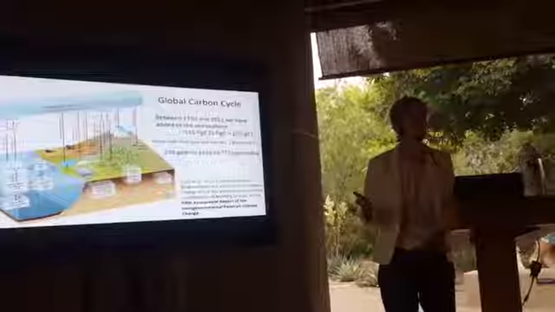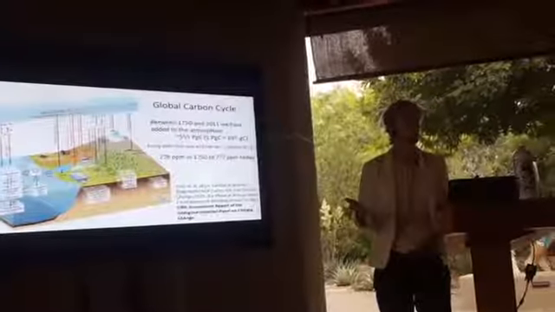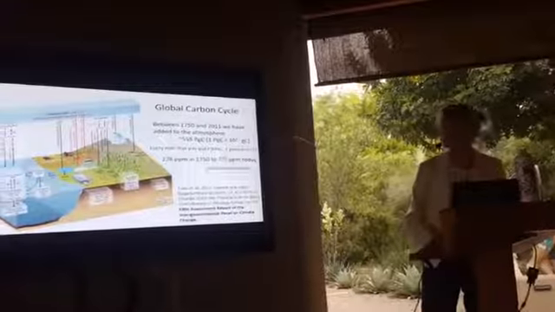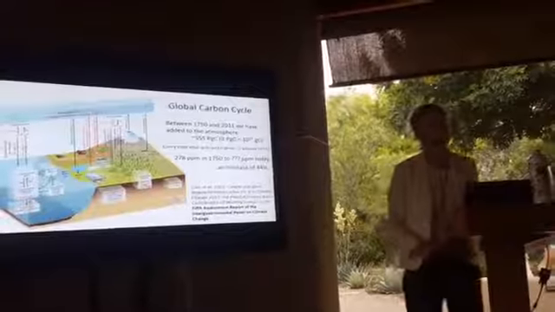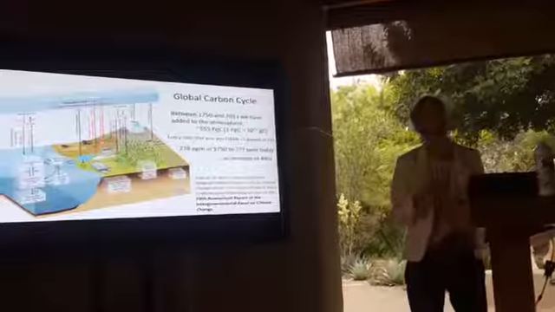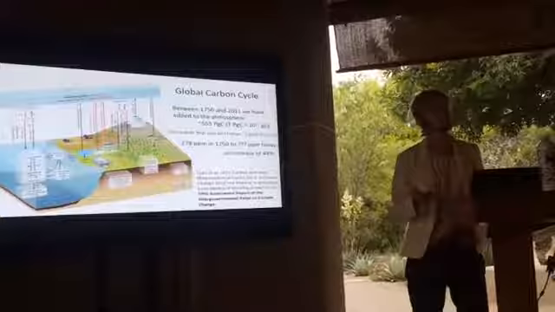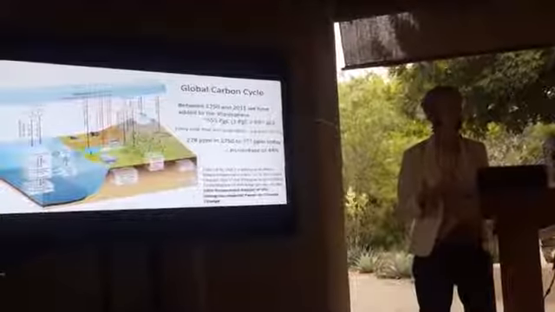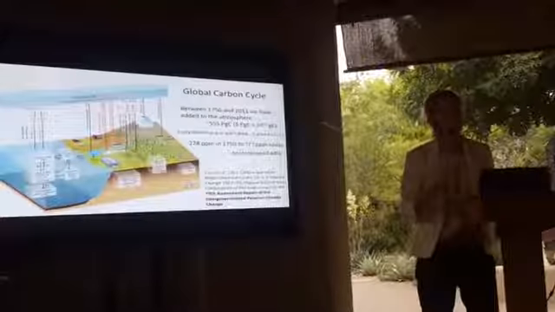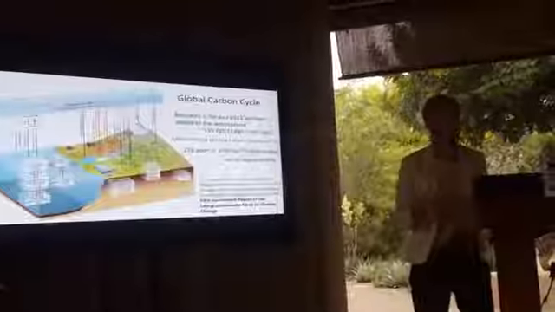Curious, anybody? Yes, you guys know the number, 400. And so that's an increase of about 44%. So we've increased the concentration of carbon dioxide in the atmosphere by 44%. That's incredible. We are a planetary force.